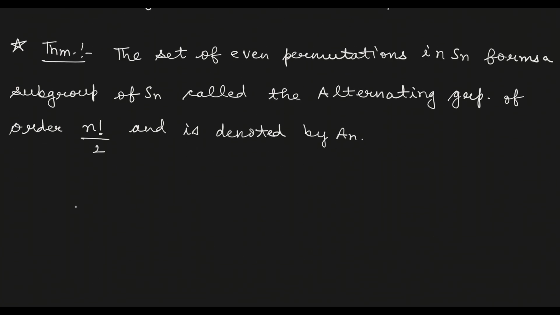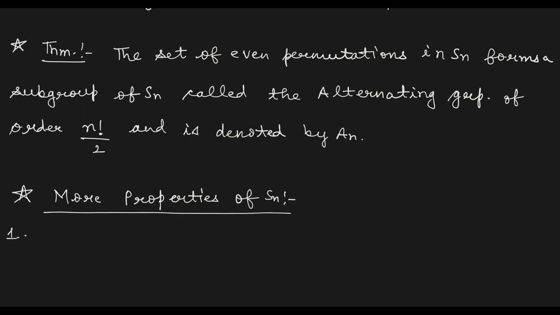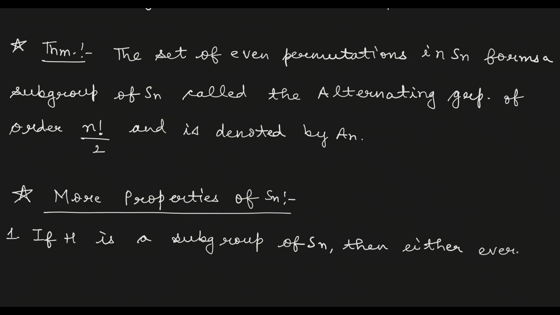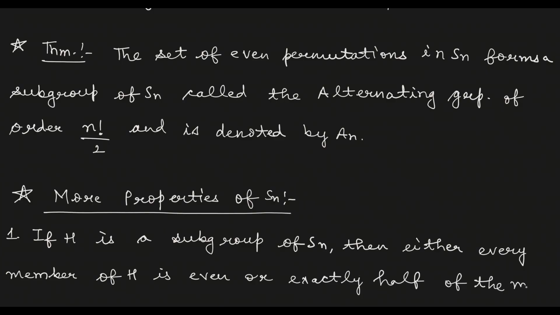More properties of Sn. First, if H is a subgroup of Sn, then either every member of H is even or exactly half of the members of H are even.